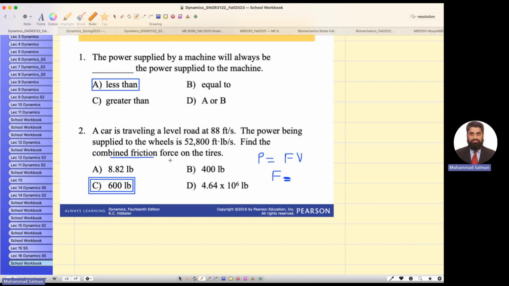The combined friction force, the traction force, and the driving force are the same things. So it is P over V.